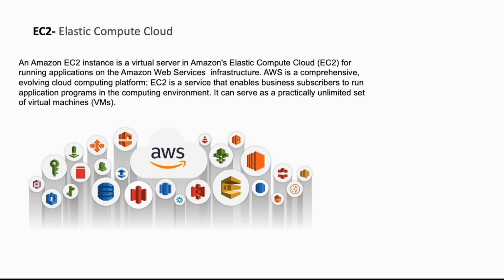EC2 is a service that enables business subscribers to run application programs in the computing environment. It can serve as a practically unlimited set of virtual machines. Hope you will be able to understand it better when we do hands-on. So these are virtual machines only which are present in AWS. So that is known as EC2.